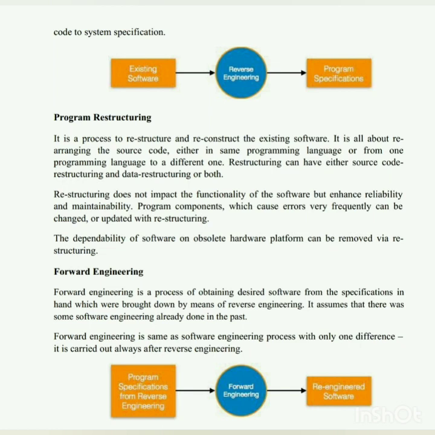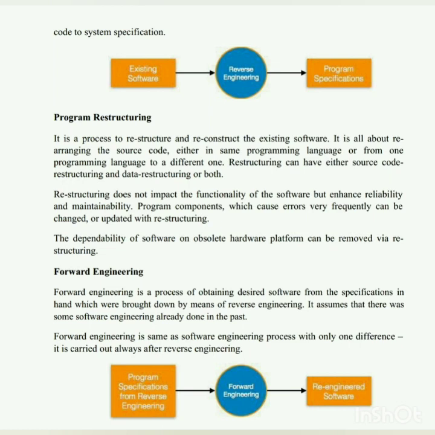First of all, this is a very important concept. Restructuring can be of software code or data, but it will not impact the functionality of the software. It is only for the purpose of improving the reliability and maintainability of the software. So the main impact of restructuring is improving the reliability and maintainability of our software.